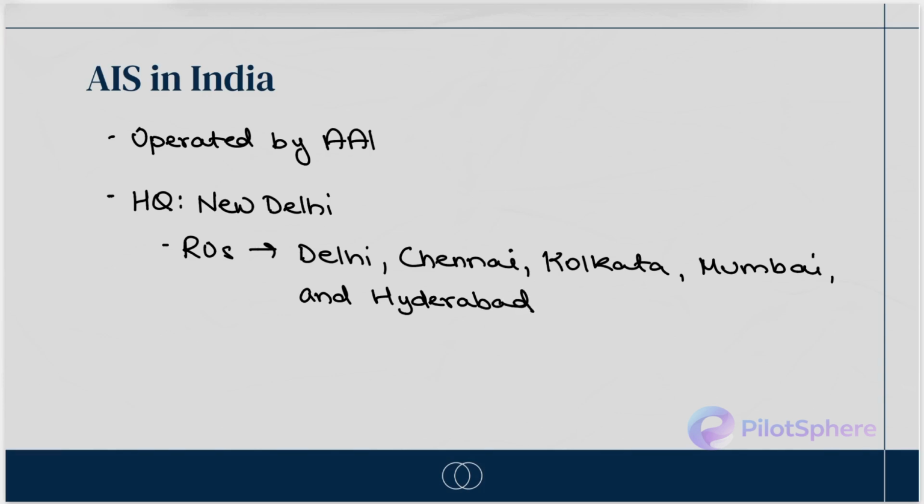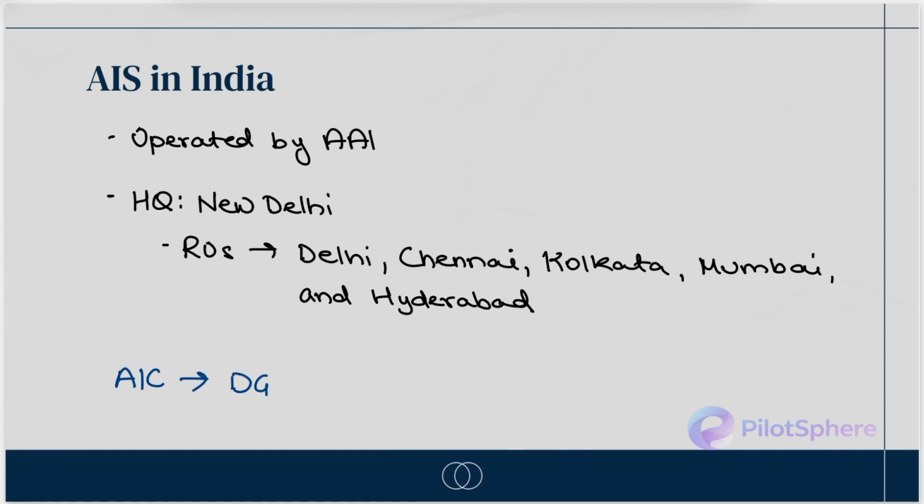Okay. Now, there is one particular publication that is not published by the Airport Authority of India. It is called an Aeronautical Information Circular, or AIC, and the AIC is actually published by DGCA.